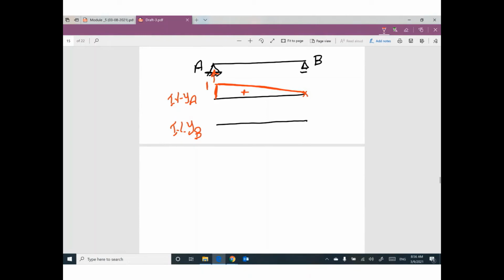Influence line for YB: go ahead and move support B up by 1. The other support will remain as it is. The new shape of the beam looks like this. This diagram can be called the influence line for reaction YB.